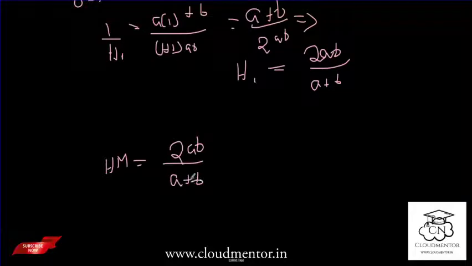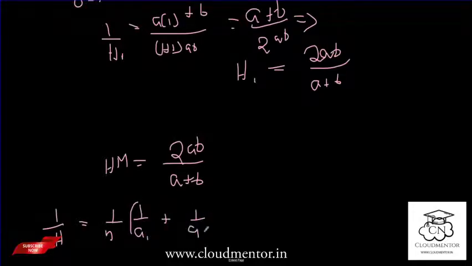That's it. And the harmonic mean of n positive numbers a1, a2, a3, etc. up to an is given by 1 by H equal to 1 by n of (1 by a1 plus 1 by a2 plus 1 by a3 up to 1 by an).